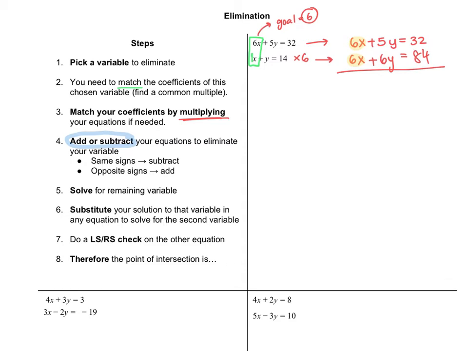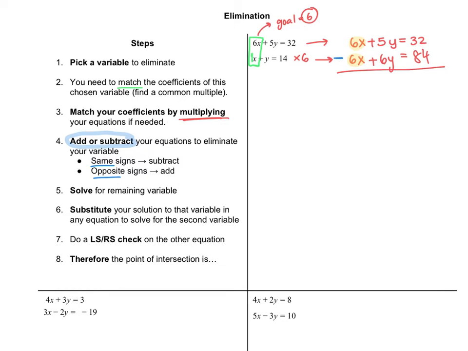And subtraction would be the way to go. So I'm going to subtract my lines. And just a little way to remember this is if your numbers have the same sign for that chosen variable, you will subtract. If they have opposite signs, you would add the lines. And we'll see that in another example.